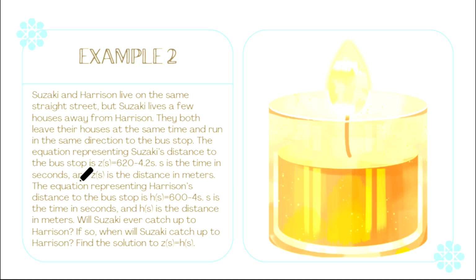The equation representing Harrison's distance to the bus stop is h of s equals 600 minus 4s, with the same units. Will Suzaki ever catch up to Harrison? If so, when? Find the solution to z of s equals h of s. So go ahead and pause the video and figure it out.